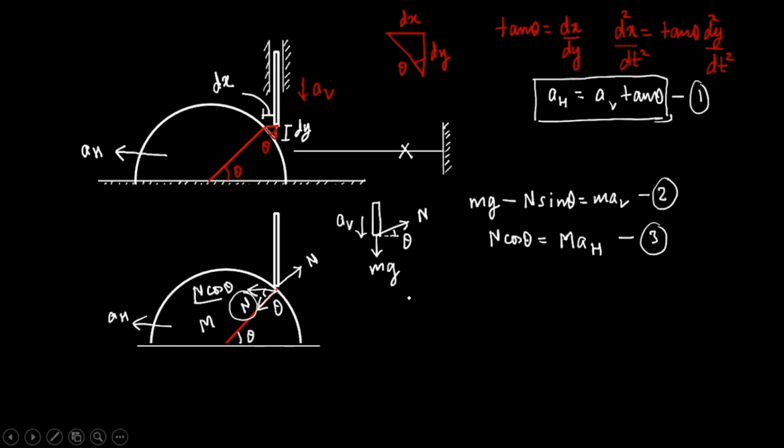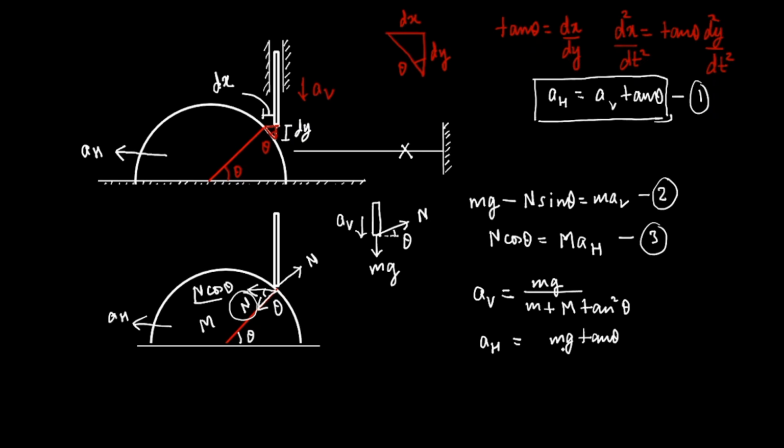You will get AV is mg upon m plus capital M tan square theta. AH you get what? mg tan theta upon m plus M tan square theta.